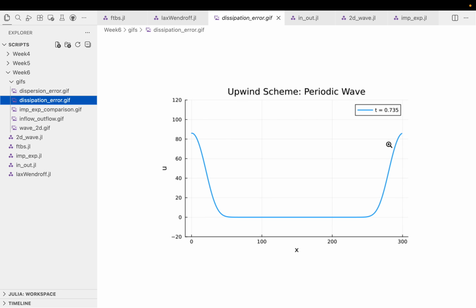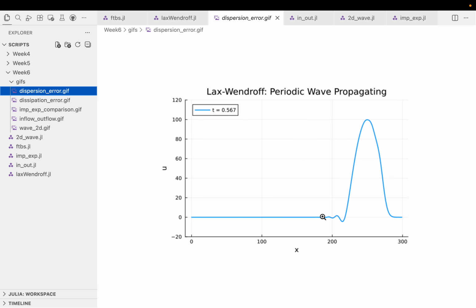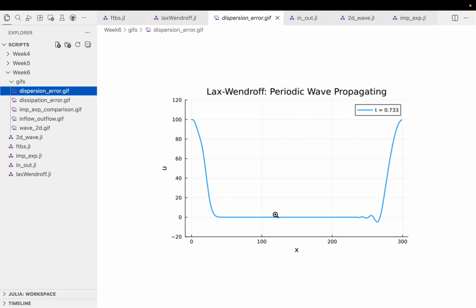So there are some schemes which do some clever balancing between dispersion and diffusion. Eventually these small peaks that we are seeing here will be damped out by the artificial dissipation that was created from, say, the upwind scheme. So by balancing these two, there are some schemes which can reduce both the dispersion and dissipation errors.